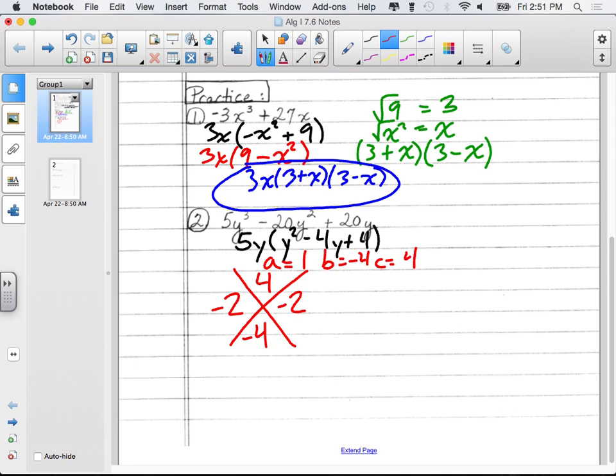So what's the square root of y squared? Y. So our new binomial factors are both going to start with y. The 2 numbers we found are -2. So we have those. But remember, we still have this 5y up here that we always have to bring back down.